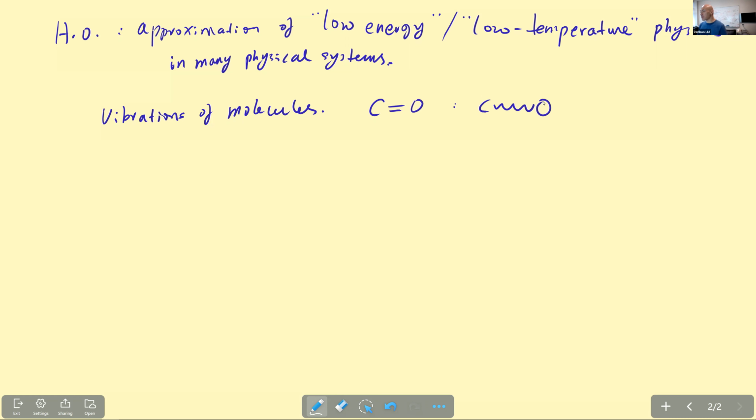This vibration causes the absorption of EM fields. For example, let's consider carbon dioxide. The absorption of infrared light by carbon dioxide is the physical mechanism of the greenhouse effect.